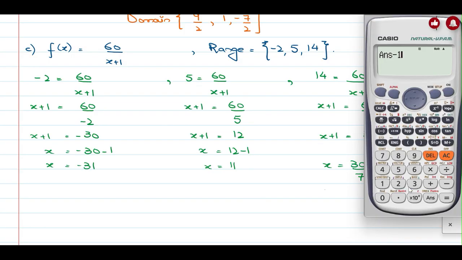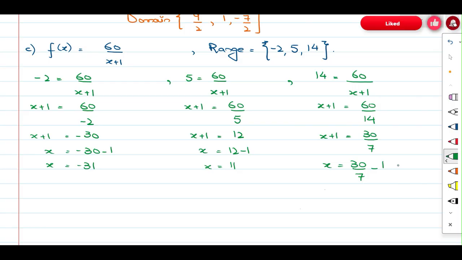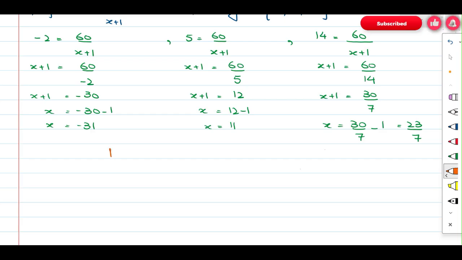Take away 1, 23 over 7. This is 23 divided by 7. Now we need to write down the domain of that function. So the domain of that function is -31, 11, and 23 over 7.